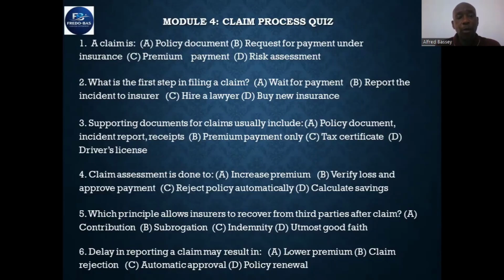The answer is report the incident to the insurer. 3, supporting documents for claims usually include the following: A, B, C, D. What will be the answer? The supporting documents would be A, policy documents, incident reports, receipts. Quiz 4, claims assessment is done to, what's the answer? A, B, C, D. The answer is B, verify loss and approve payment.